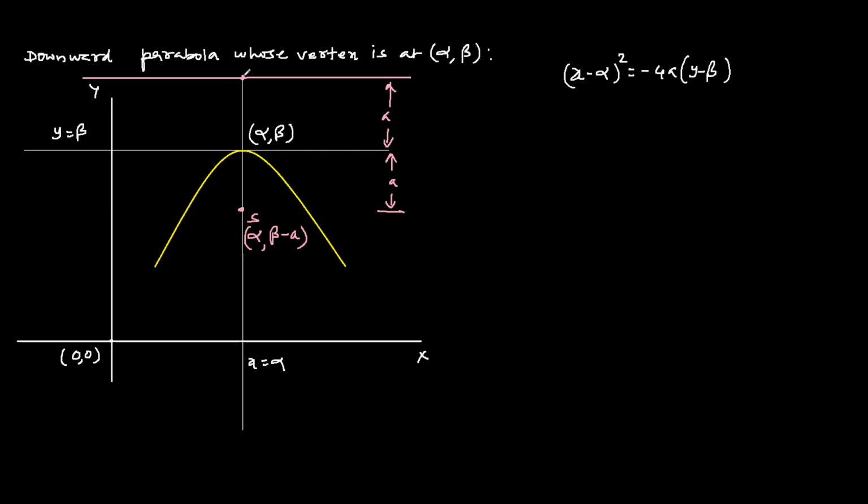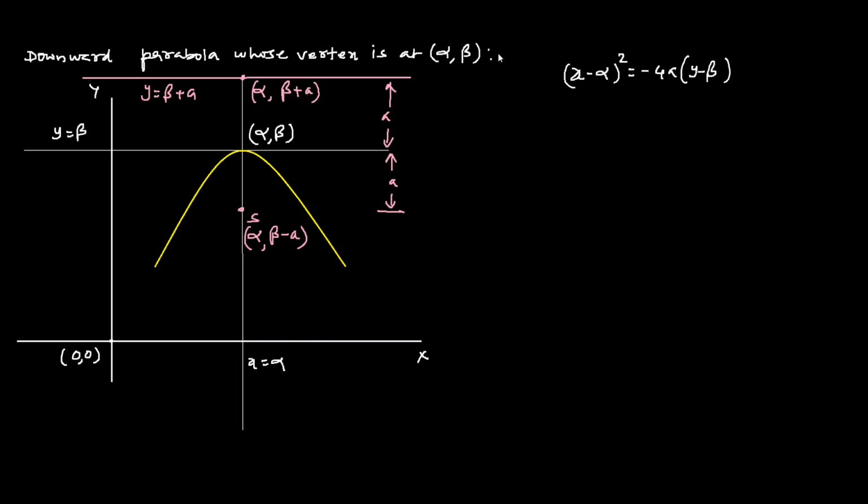So the coordinate of this point on the principal axis is alpha comma beta plus a. So the equation for directrix is y equal to beta plus a.